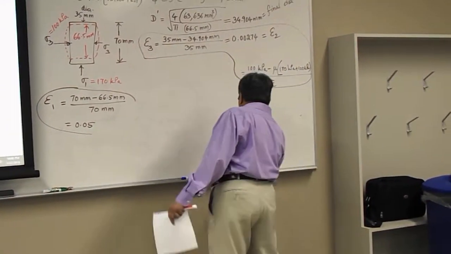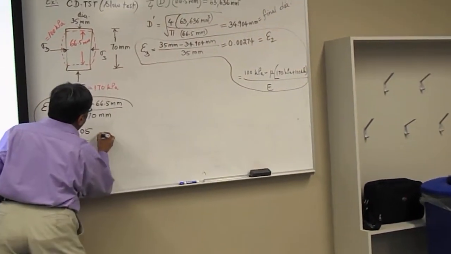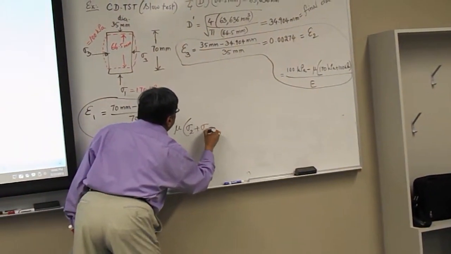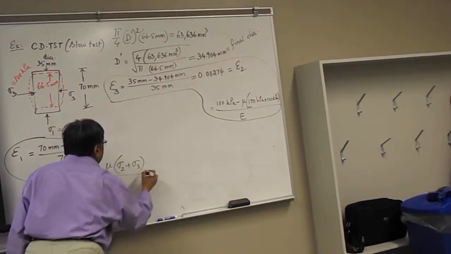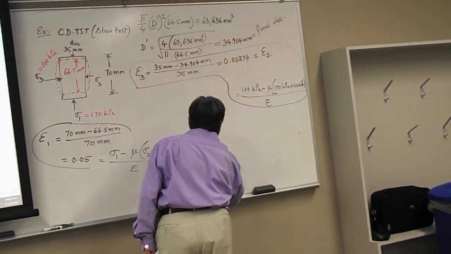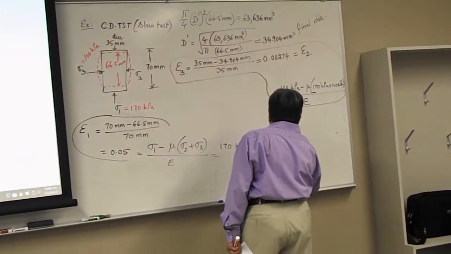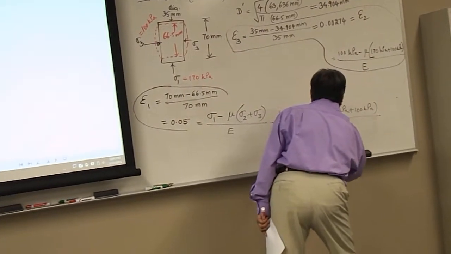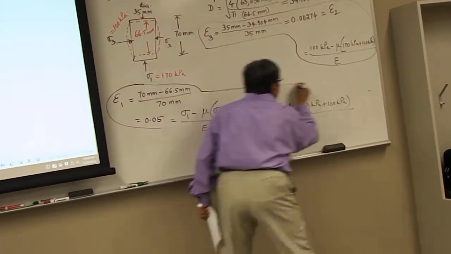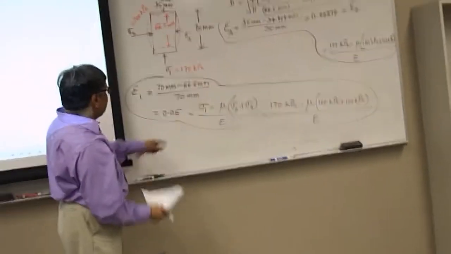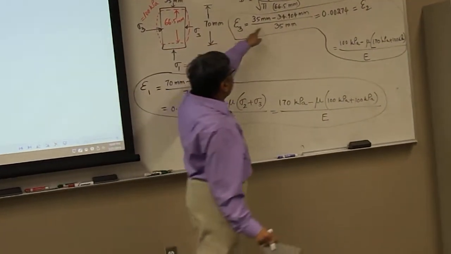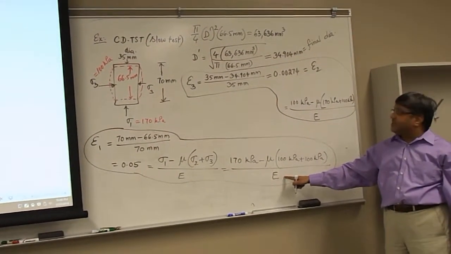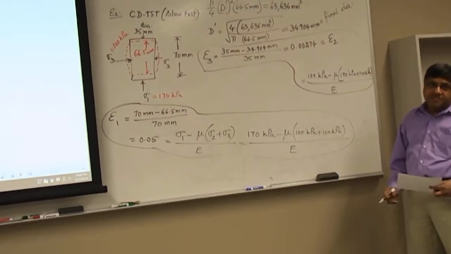This epsilon 1, as we have calculated, is equal to sigma 1 minus mu times sigma 2 plus sigma 3, which are equal, divided by E. That means this is 170 kPa minus Poisson's ratio times 100 kPa plus 100 kPa, divided by E. So this is one equation. In this equation we know the value, and in this equation also we know the value. In both these equations we have both Poisson's ratio and modulus of elasticity: two equations, two unknowns. You should be able to solve these equations.